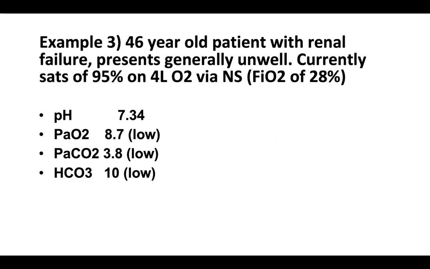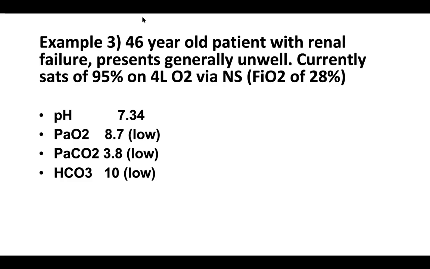Does anyone agree, disagree? What does partial mean? What compensation means is that the patient is doing something to try and compensate for their illness. If they're acidotic, they're going to try and make themselves a bit alkalotic to make their pH normal.